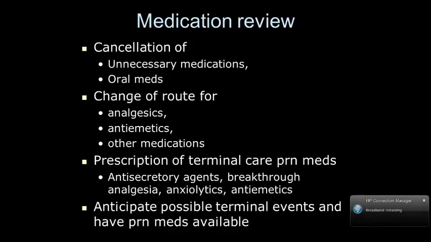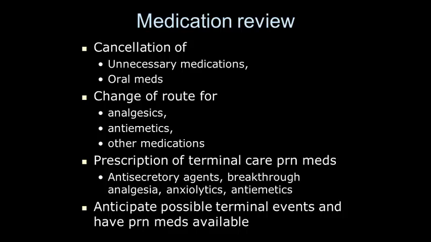So antisecretory medications, breakthrough analgesia, anxiolytics and antiemetics. And you need to anticipate possible terminal events. For example, terminal catastrophes, like if someone has a massive hemorrhage, for example, a head and neck tumour eroding into the carotid artery.